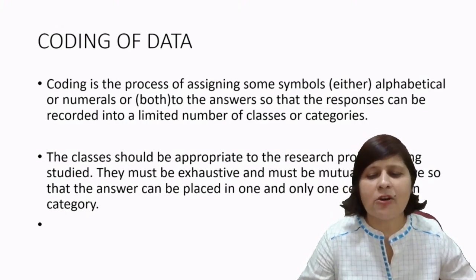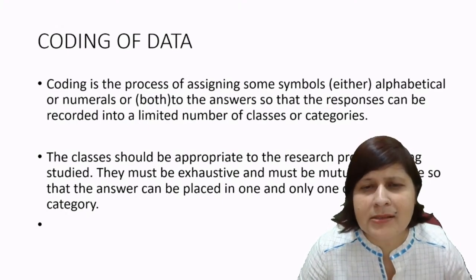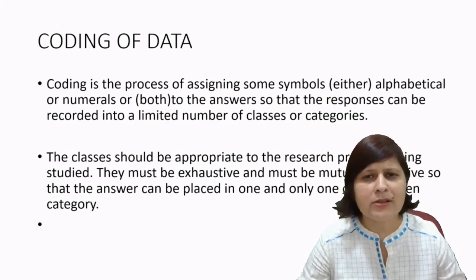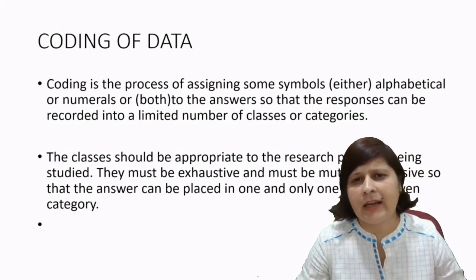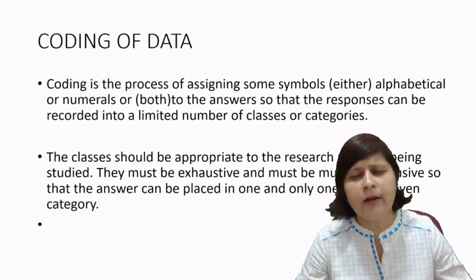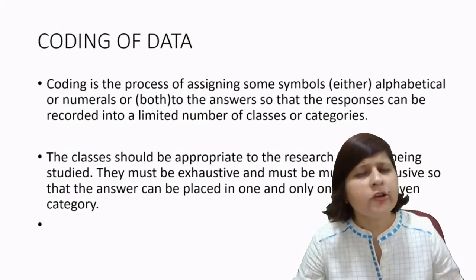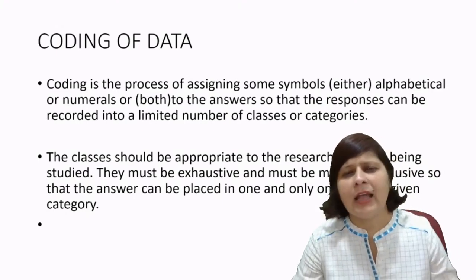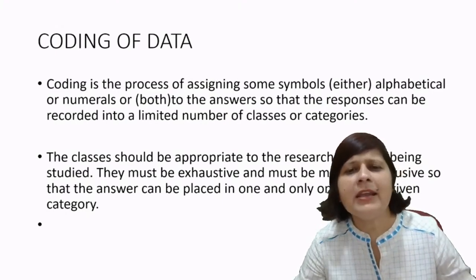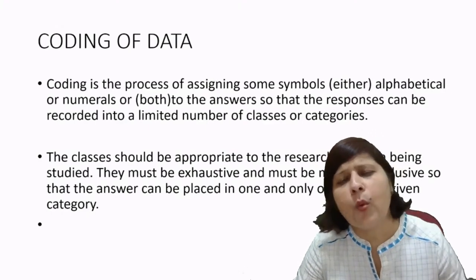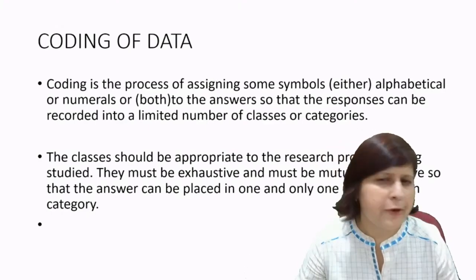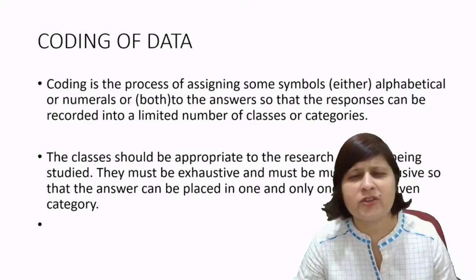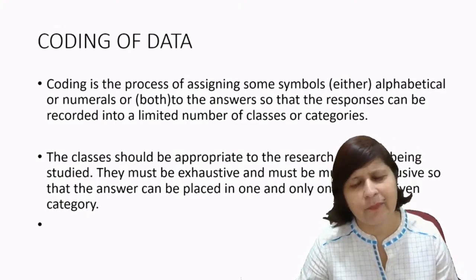Exhaustive and mutually exclusive means that a response should fall in one of the categories, either category 1, 2, or 3. There should be no response that can fall under more than one category, either male or female or transgender or other genders.